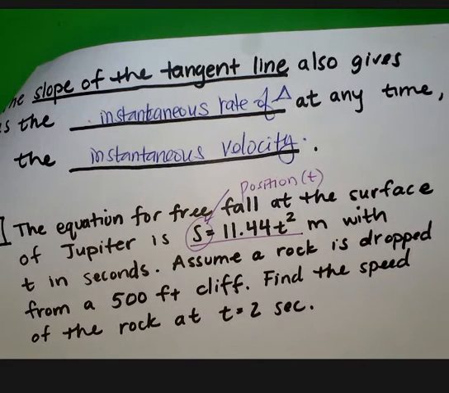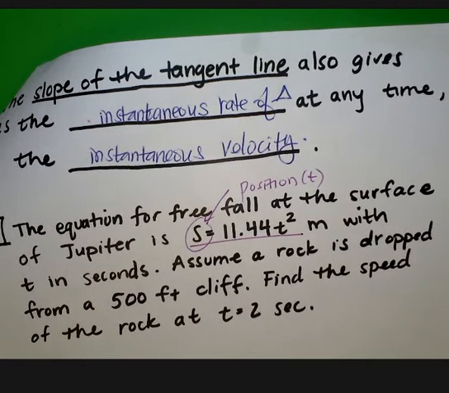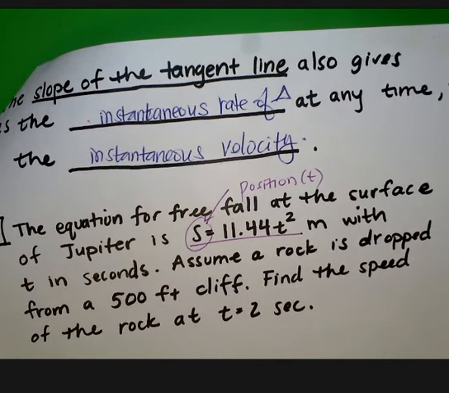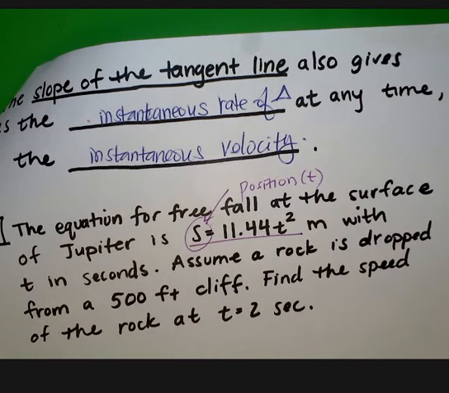If I give you the position, but I want to know the rate of change of position, that's velocity. How fast is position changing with respect to time? That's velocity. How fast is velocity changing with respect to time? That's called acceleration.